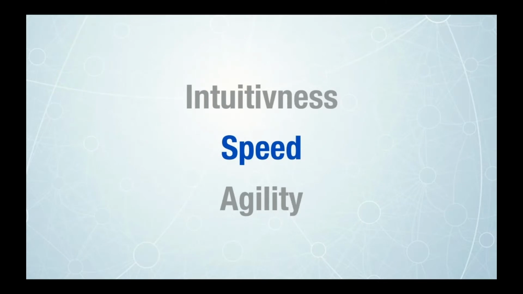So speed is about two things. Speed is about the speed that I just talked about, the intuitiveness creating speed in your development process, as well as the speed of actually querying your data. Every database, of course, has its trade-offs.